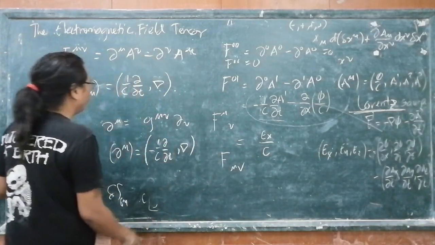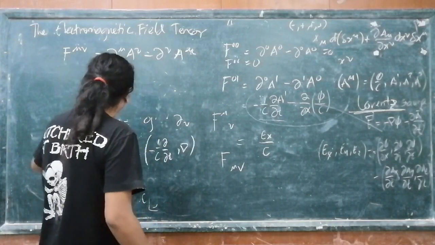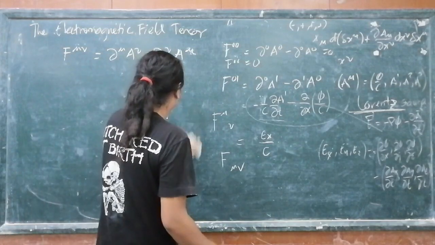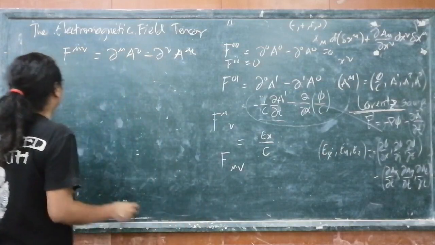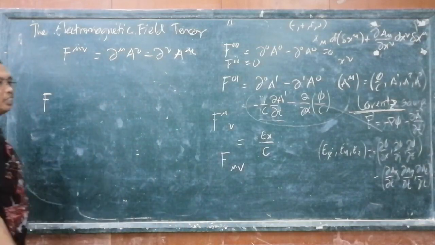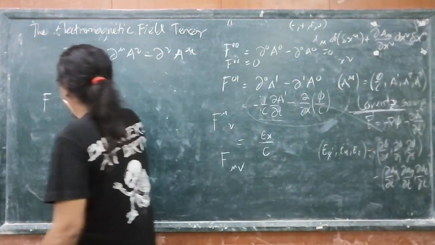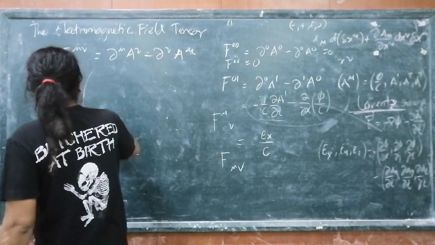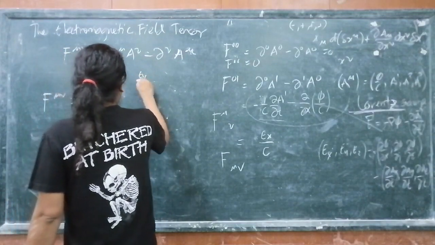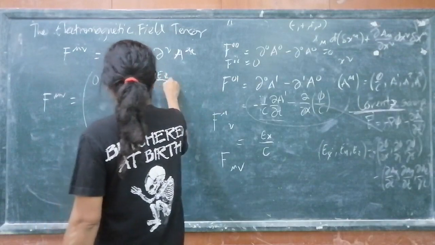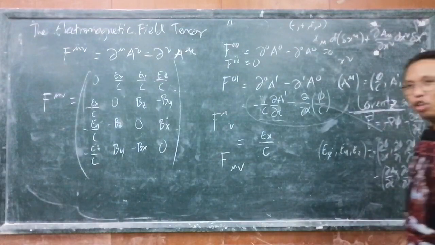I'm not going to derive every term in the electromagnetic field tensor because we are running out of time, and I will refer you to the references. F mu nu is given by 0, Ex over C, Ey over C, Ez over C, and so on; this is the electromagnetic field tensor.